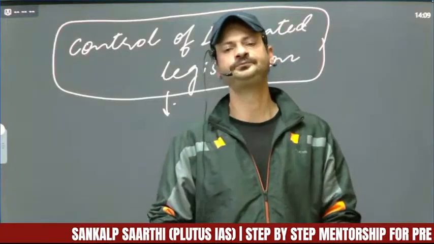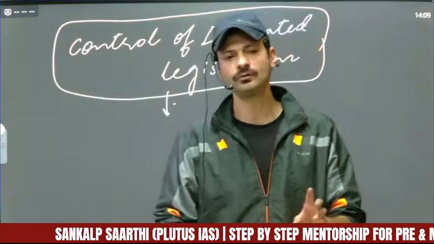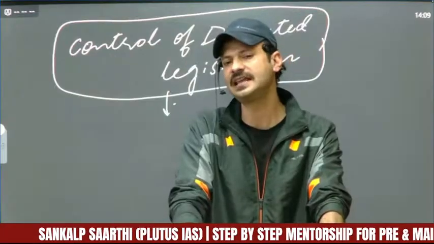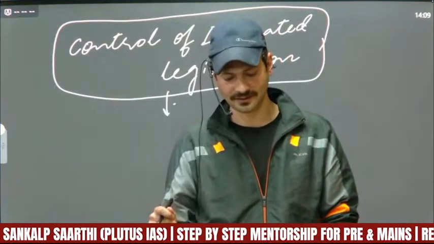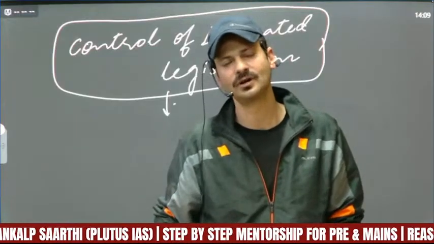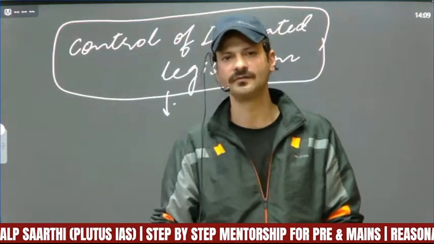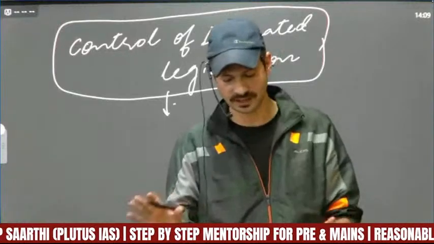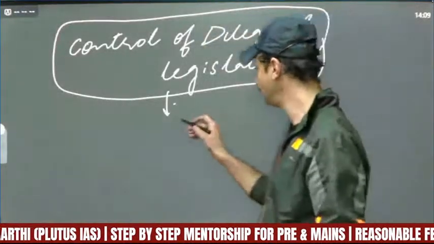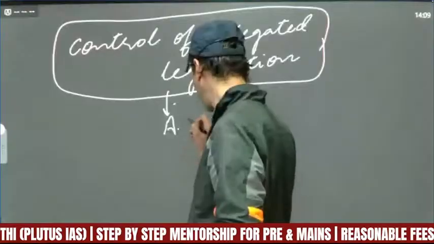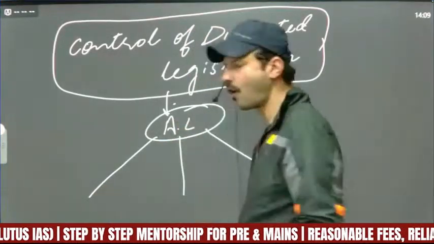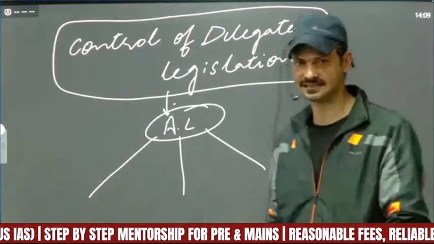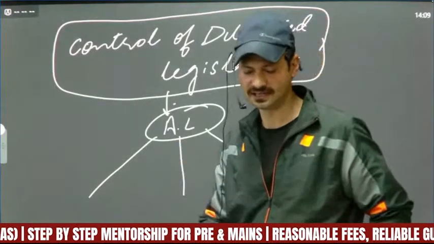Okay. So administrative law actually provides three different kinds of mechanisms to control this phenomenon of delegated legislation. It gives us three forms, three ways, three mechanisms to control delegated legislation.